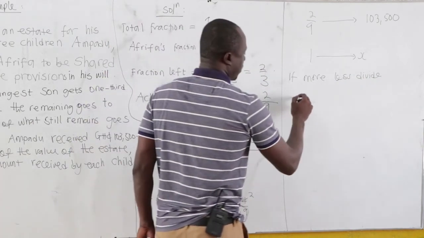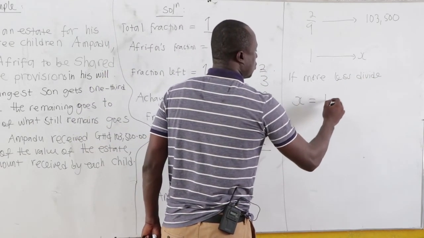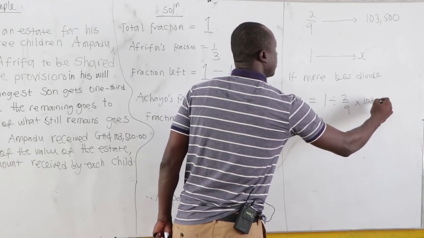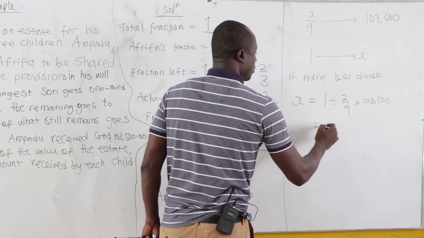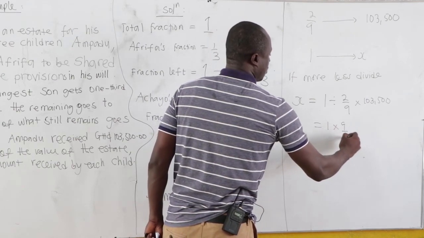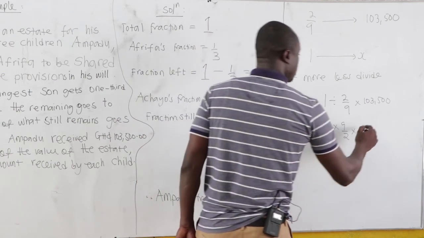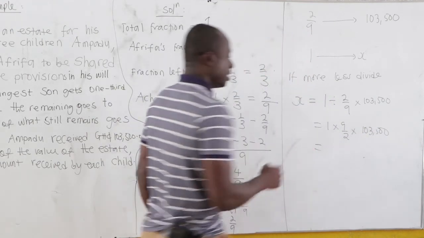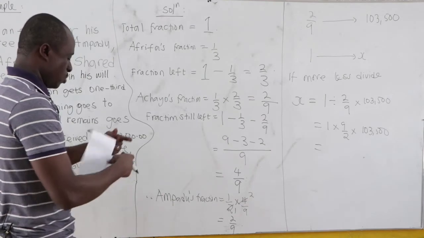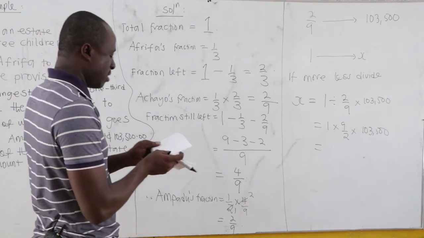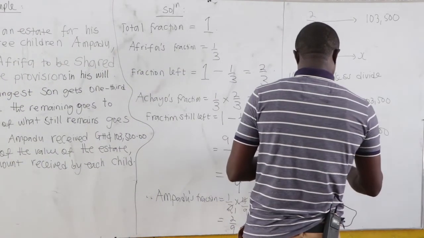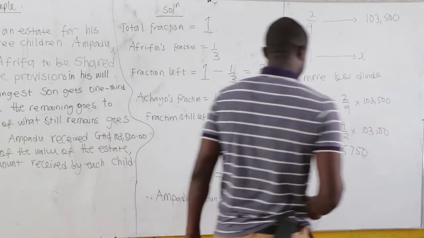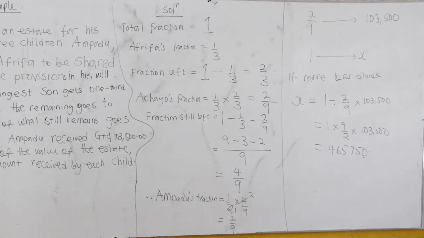So from here, we have our x to be equal to 1 divided by 2 over 9 times 103,500. So we have 1 times 9 over 2 times 103,500. Now when we cancel out and we work it out, we'll be getting 465,750. So this is the total amount.